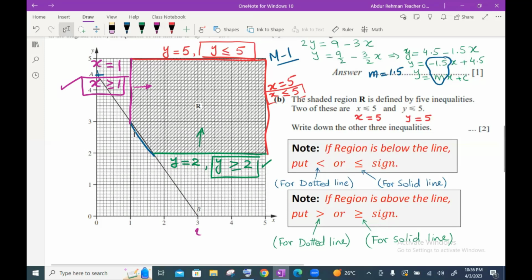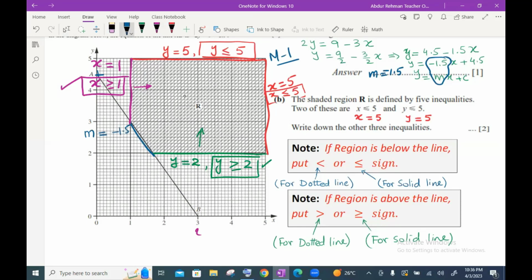Now the last line is the blue line. So find out the equation of this blue line. By observation, we have found the gradient of this blue line, which was minus 1.5.